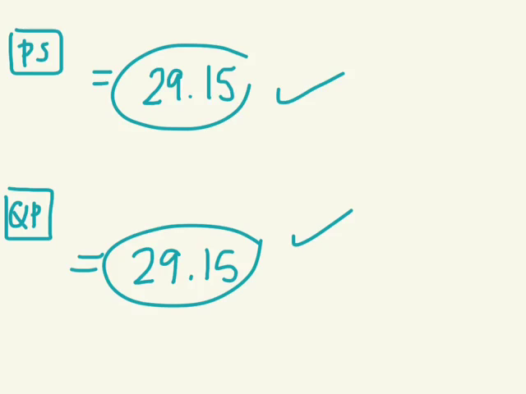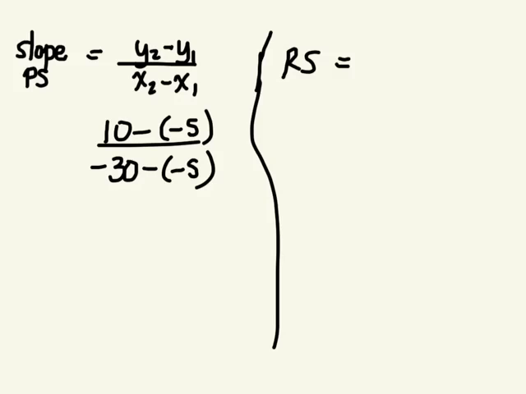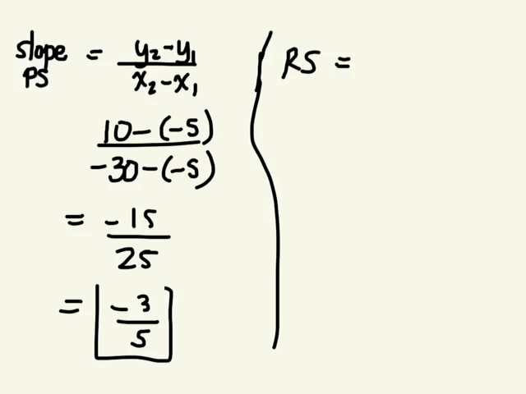If it's a square. So let's start with PS, using the slope formula, y2 minus y1. So I'm going to do 10 take away negative 5 over negative 30 minus negative 5. And I get negative 15 over 25. Let's reduce all of these to lowest terms so we can compare it easier. Negative 3 over 5.